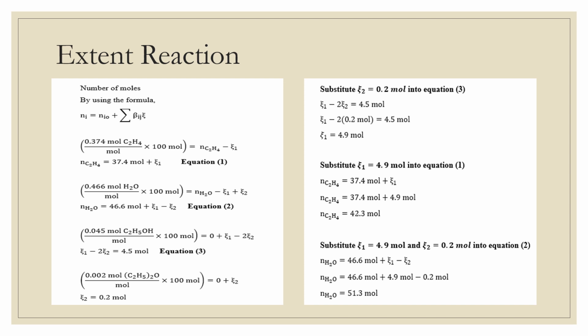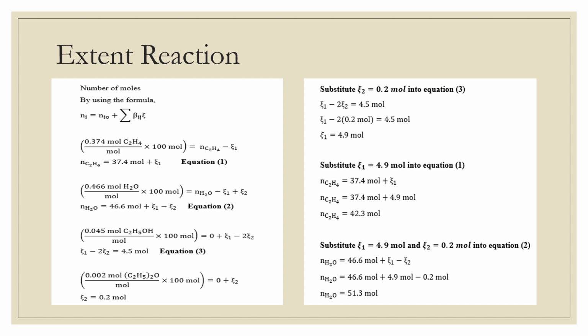This is because in the first chemical equation, H2O is a reactant, so it is negative, and the coefficient of H2O is 1, so it is negative 1 Z1.